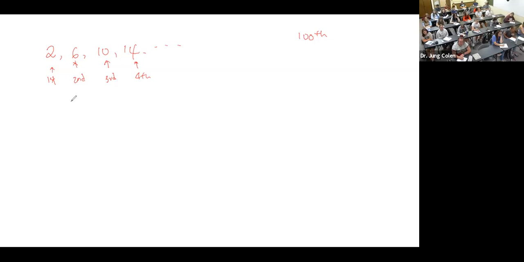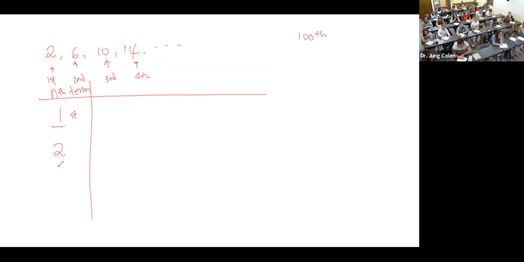Okay, so what I'm going to do here is compare these numbers that are changing. First, second, so I'm going to put that as the nth term. If I write 1, that means the first term, 2, second term, 3, third term, all the way to the nth term. Then I'm going to put what's happening here.